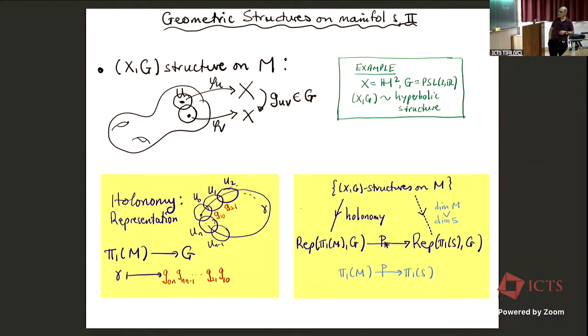And so it'll be in that sense that we'll be talking about geometric structures on manifolds associated with our surface S. And so then we can look at geometries that are not just of complex dimension 1 or real dimension 2.